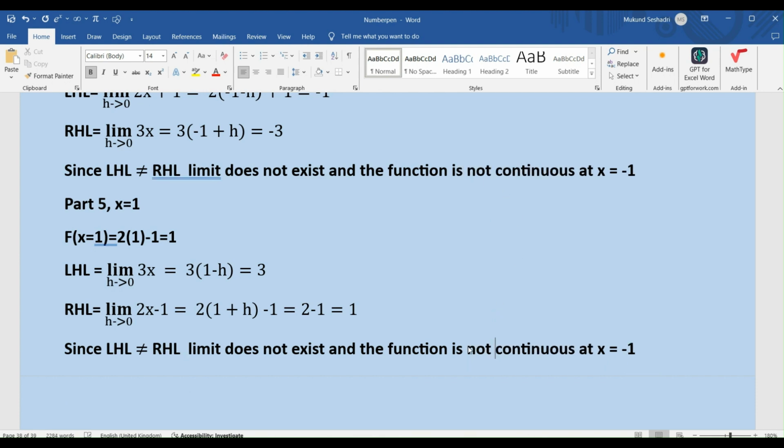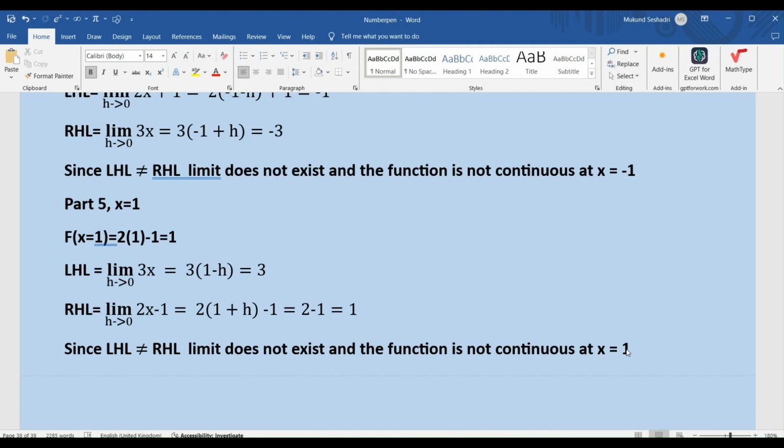I'm sorry, this is again not continuous, folks. Apologies. This is x equal to 1. So for the same reason, LHL not equal to RHL, limit does not exist, and the function is not continuous at x equal to 1, right? So we know that the function is continuous at all points except x equal to 1 and minus 1, right?